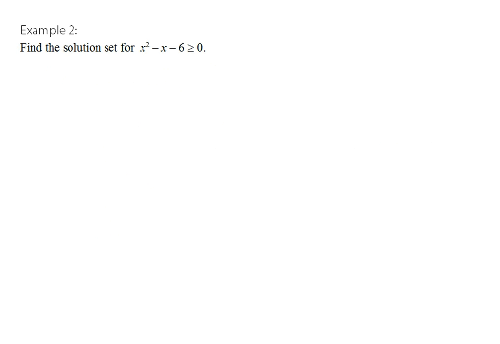Find the solution set for x squared minus x minus 6 greater than or equal to 0. So we need to look at the graph of y equals x squared minus x minus 6. So factorising will help us with the graph. So it's x minus 3, x plus 2.